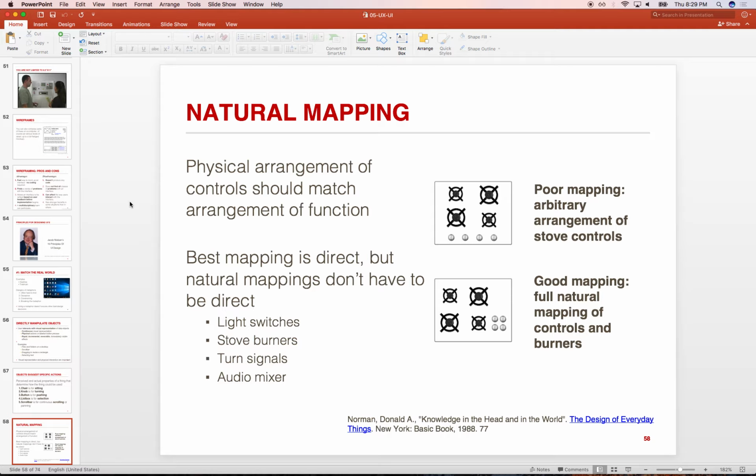I still have to read the labels on my burner at my house, like left rear, and I'm concerned because it's fading. I'll eventually have to paint it again or turn it to see which one turns on, by trial and error. Somebody might instead design it so there is no overload and I don't have to think about it. It maps naturally.